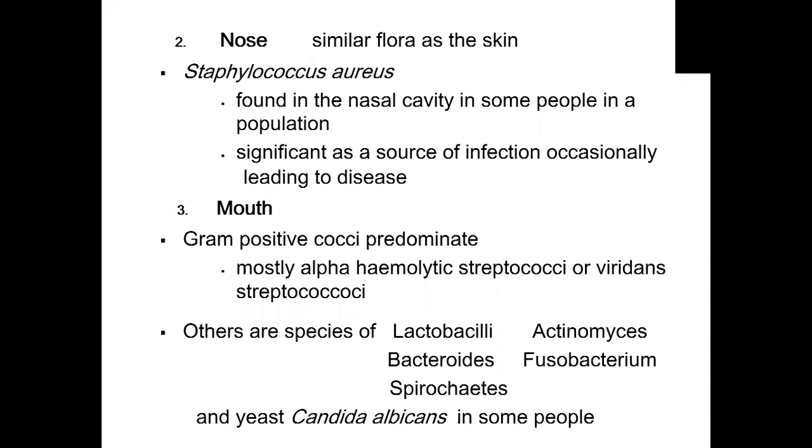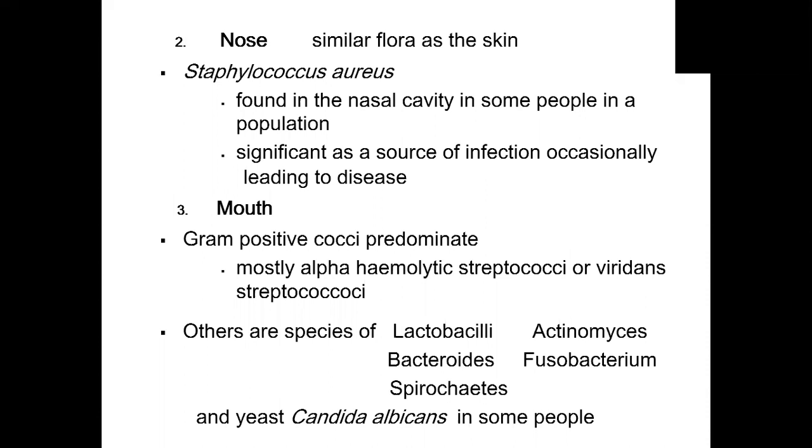And then the mouth, again, is an area which harbors quite a number of resident flora. Gram-positive cocci predominate there again, and the specific gram-positive cocci you will cover when you do the specific organisms. Then there are many others, lactobacilli, bacteroides, all of which you will cover again when you are doing the specific organisms.